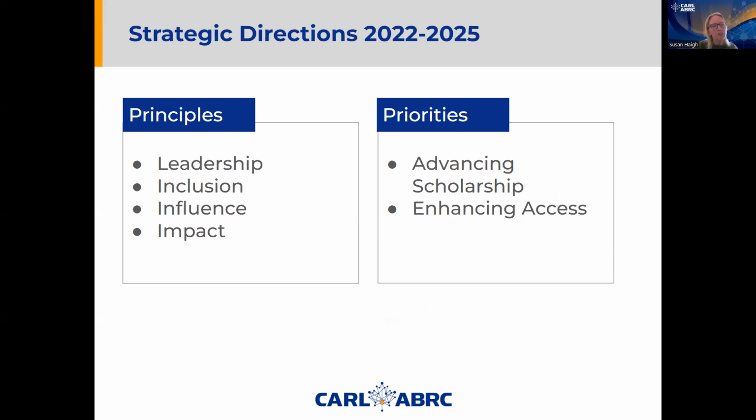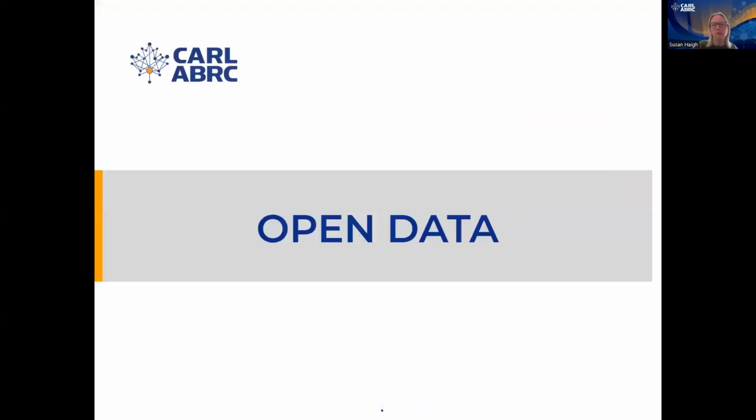And our priorities are, as you heard, advancing scholarship and enhancing access. So in that context, and within that planning framework, I'd like to talk a little bit about the three areas we mentioned, open data as a start.